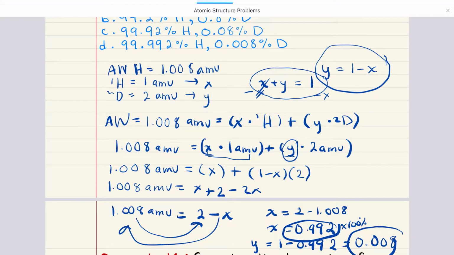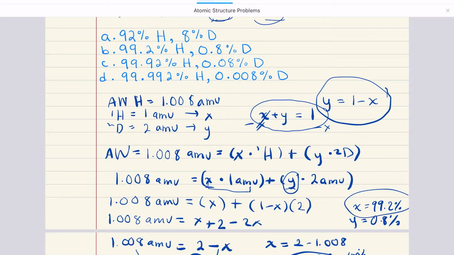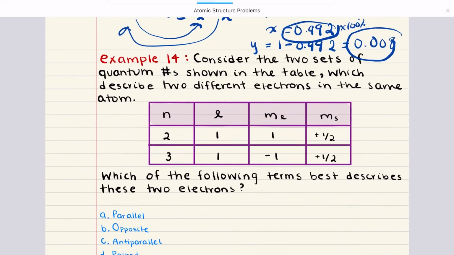And so x is going to be equal to 99.2% and y is equal to 0.8%. And x is our percent for hydrogen and y is our percent for deuterium. And that makes the correct answer for problem 13 B. So 13 is B. Let's go ahead and move into problem 14.